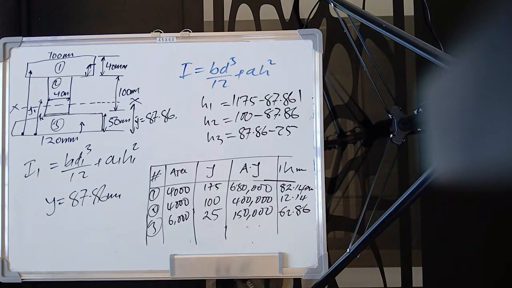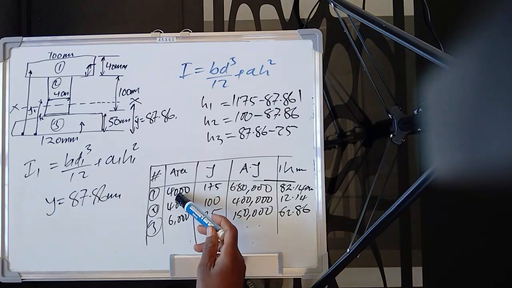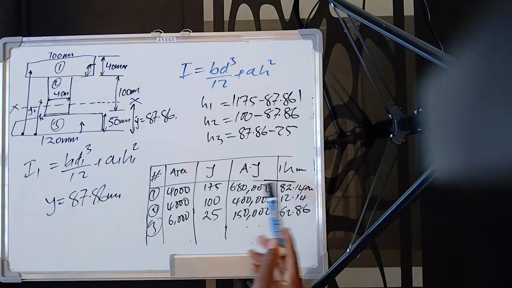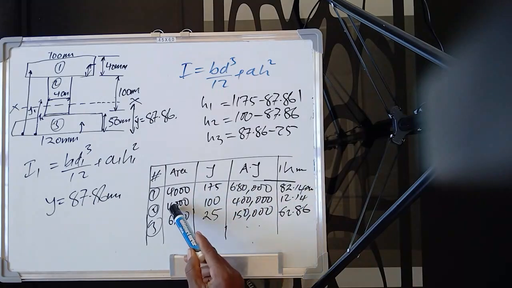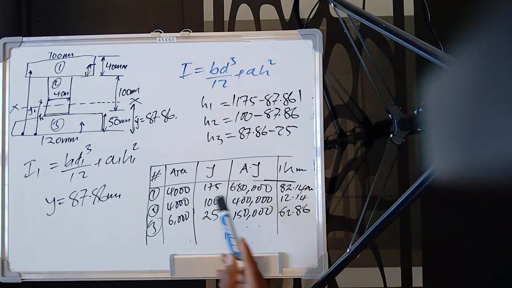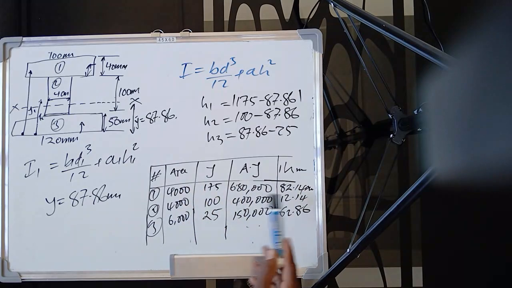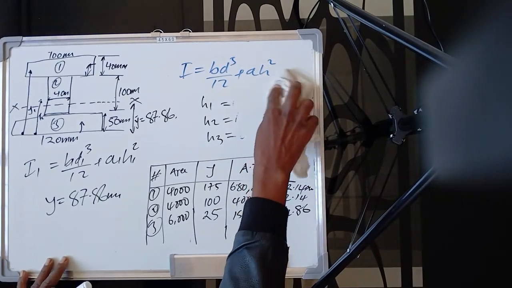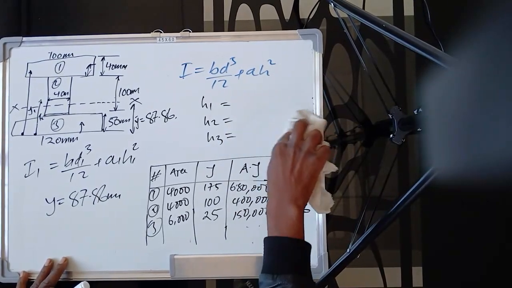You can do that right from the table, so that when you come to this, you don't begin to calculate, you just pick your figures. We already have our area, see? We already have our H1 there. So that's how you should work out smartly. Okay, so just allow me, I should copy these figures right there for easy solving.